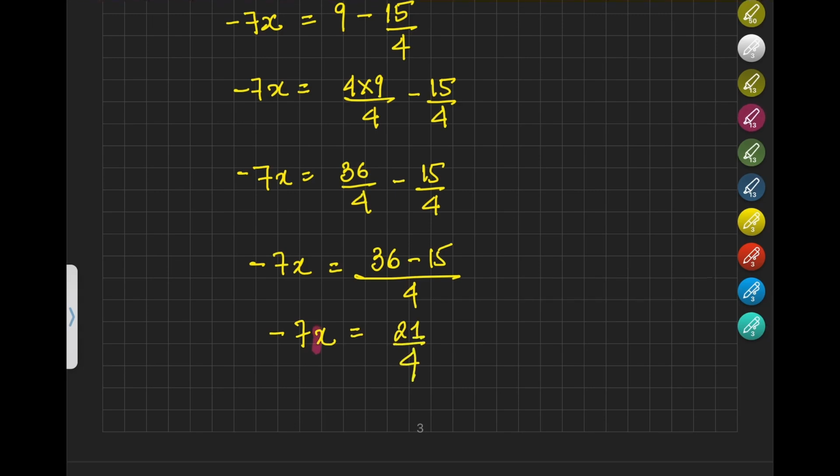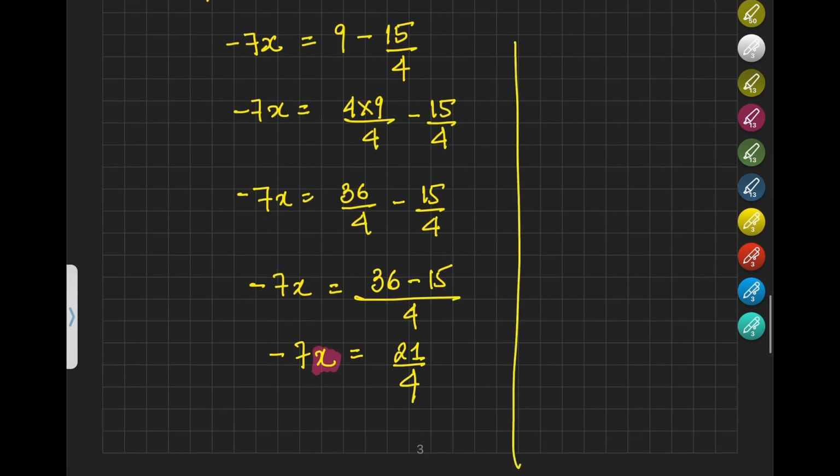Where is my x? My x is here, and still it has not been isolated. So for that, what do I do? I keep the x on the left hand side, 21 by 4 on the right hand side, and the minus 7 is transposed to the right hand side. Is there any common factor between 21 and minus 7?